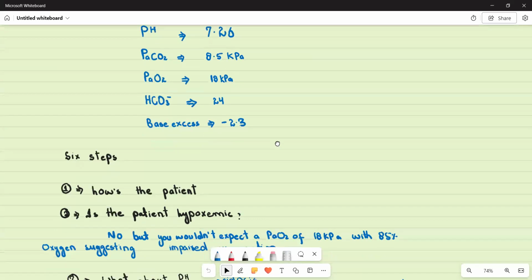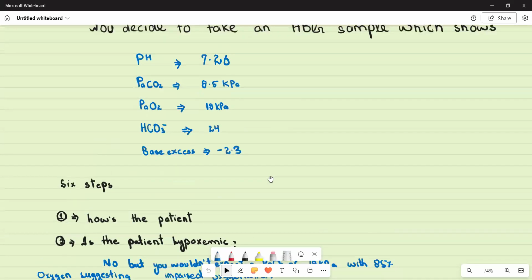The next step that we ask ourselves is how about the pH? Okay. So the patient is acidemic because the normal pH is between 7.35 to 7.45. And if this is less than 7.35, the patient is acidemic. Okay, so this was your third question.